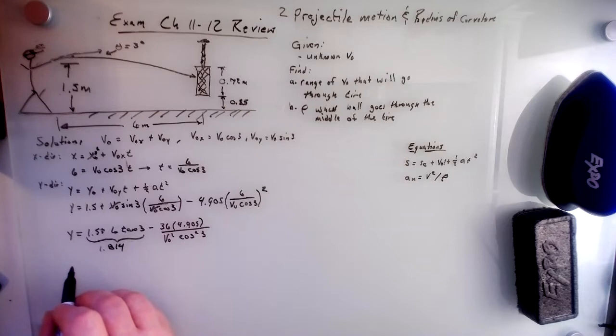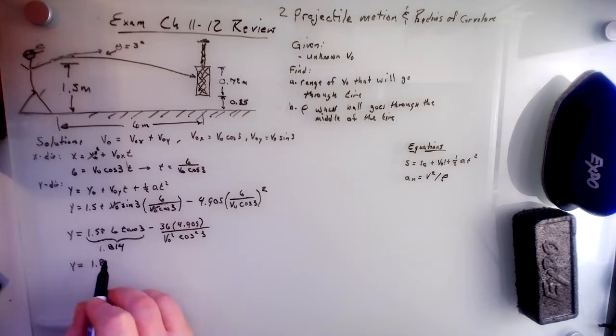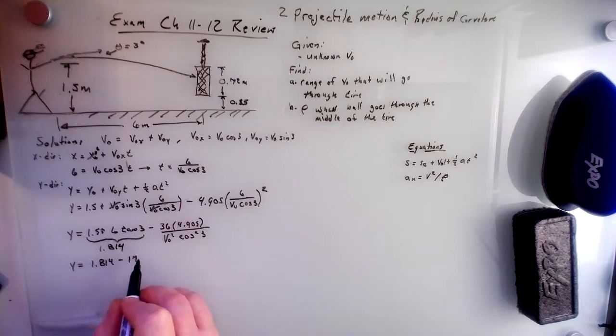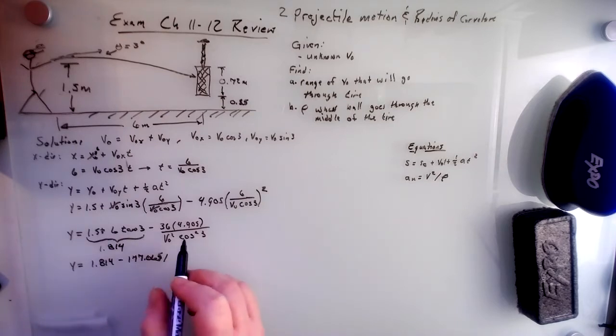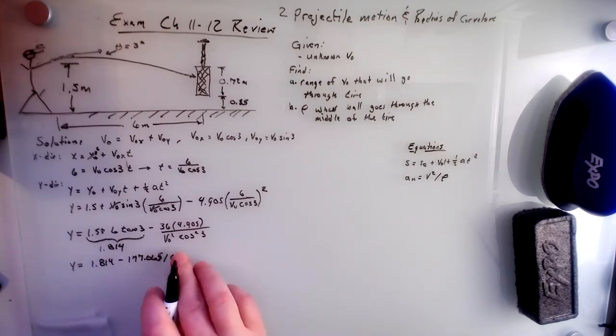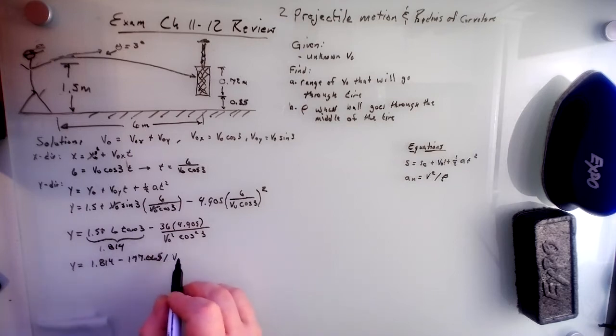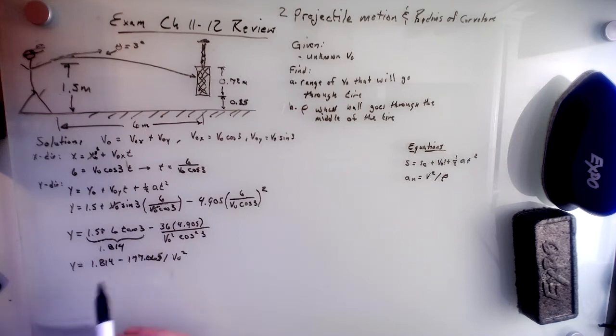So when we rewrite it, we get y equals 1.814 minus 77.065 over, that's 5, over cosine, or excuse me, over v naught squared. Okay. And we can rearrange this so that we have v naught on the side of interest and y is in the equation. So we can shortcut that.